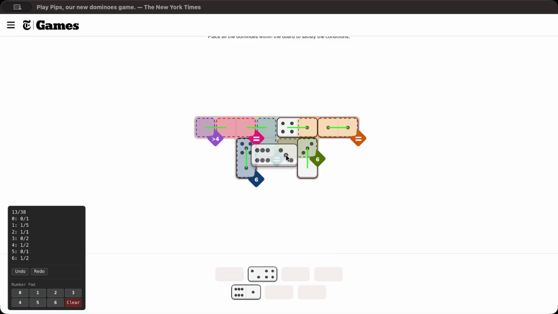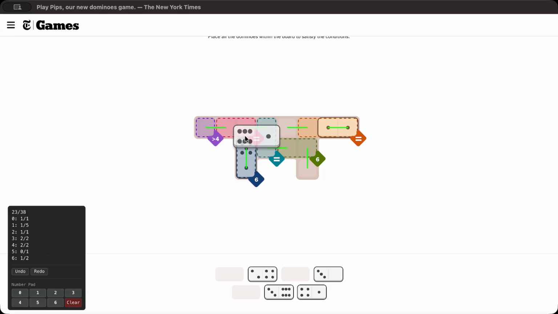I don't know if that was flawed or not. I'm genuinely not sure because we can't put the 1, 6 here. The 6s can't be in either of these equals because the 6 is attached to our 1.